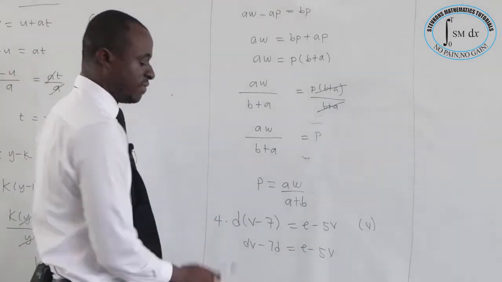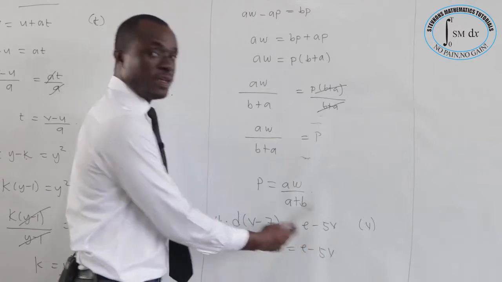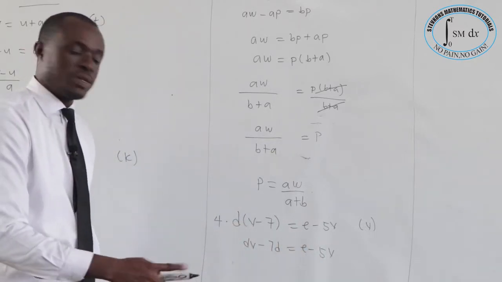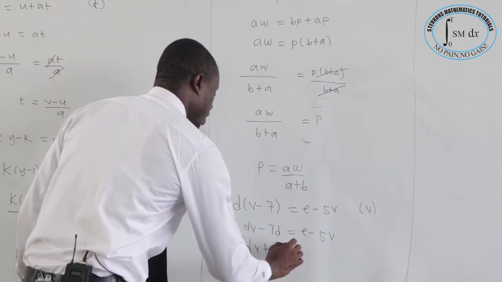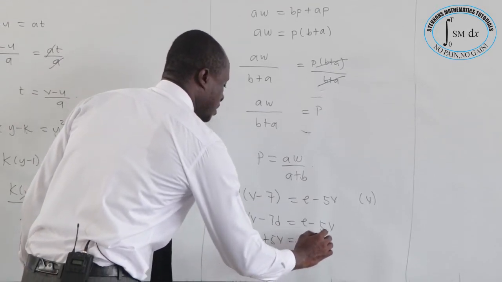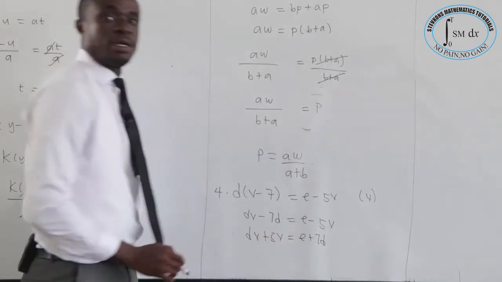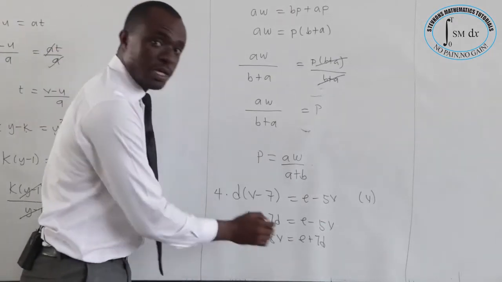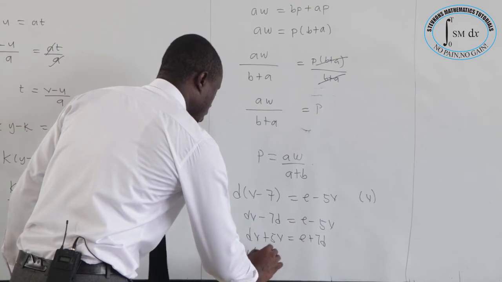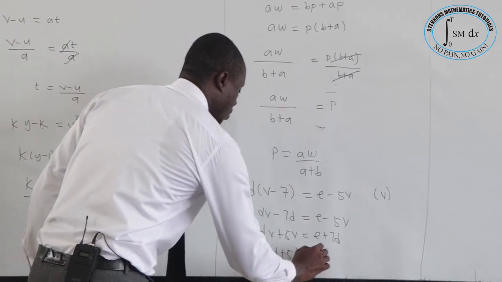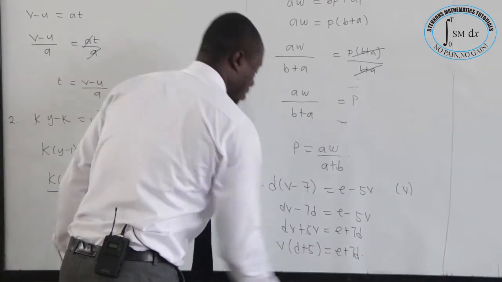Now there's v here, there's v here. It's better we bring this negative 5v to the left hand side so that it will be what? Positive. So we have dv + 5v = e + 7d. This negative crossing becoming positive. v is common, so we have to factorize the v. So we have v(d + 5) = e + 7d.